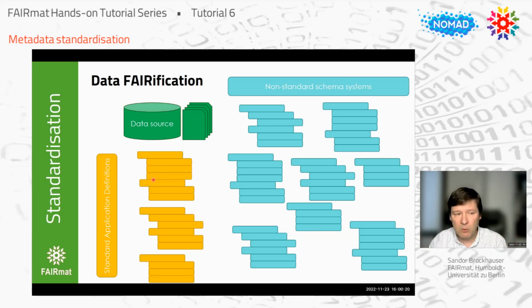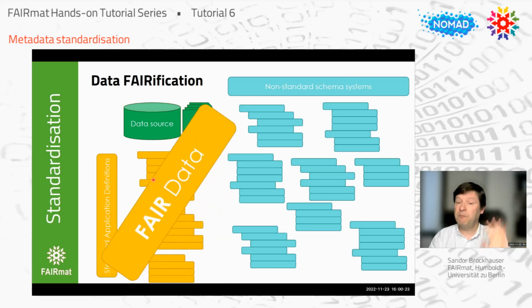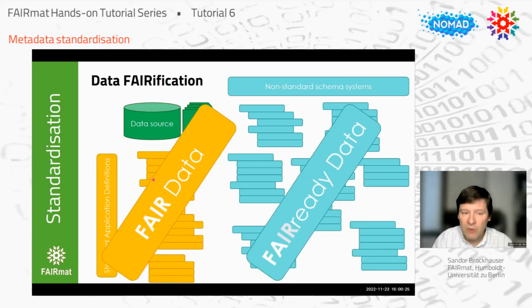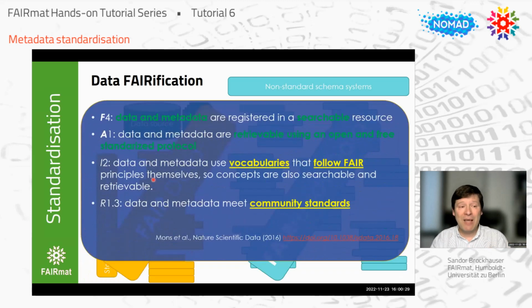Because this is important. The left-hand side, that's FAIR data. The right-hand side, what we call FAIR-ready data. Why is it just FAIR-ready? Because yes, it's findable and accessible, but the concepts which you came up with use your own vocabularies. They do not necessarily follow the FAIR principles themselves. They are not community standard yet.